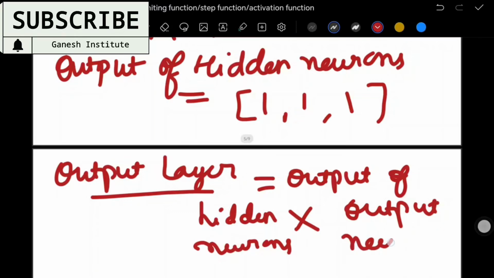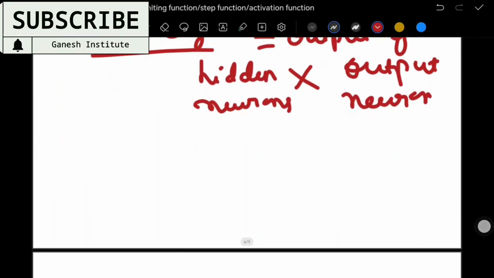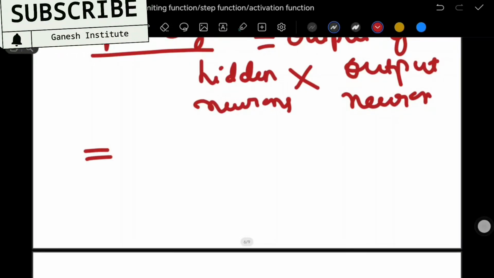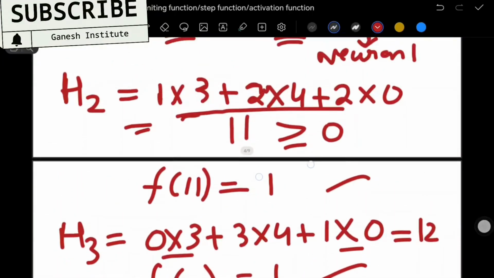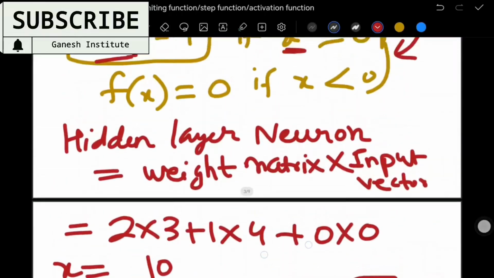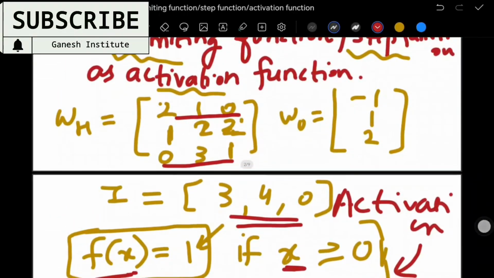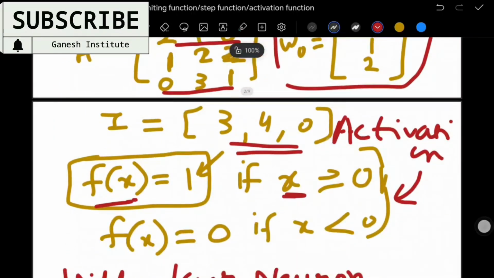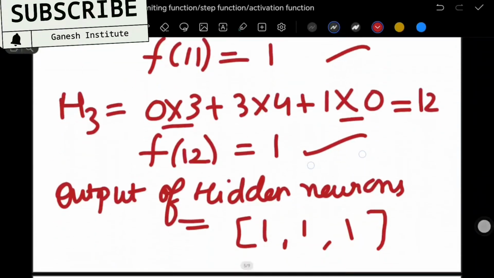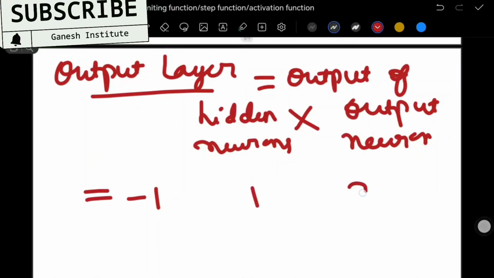So let's see. What's the output neuron matrix given to you in the question? We have -1 1 2.